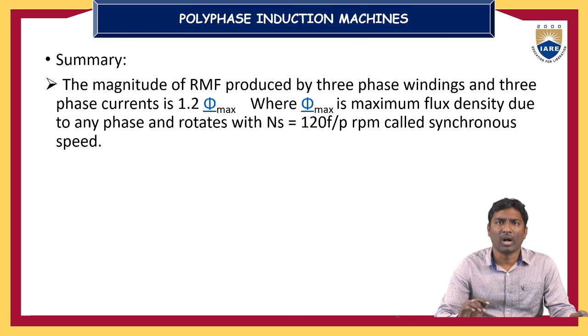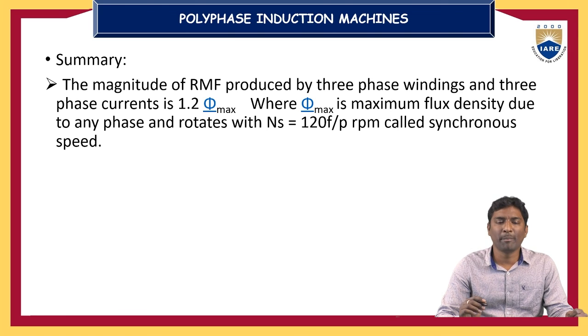The magnitude of the rotating magnetic field produced by the 3-phase winding and these 3-phase currents is 1.5 into phi maximum, where phi maximum is the maximum flux density due to any phase, and it rotates at the synchronous speed Ns equal to 120 f by P rpm, where f is the frequency and P is the number of poles of the stator and the rotor.